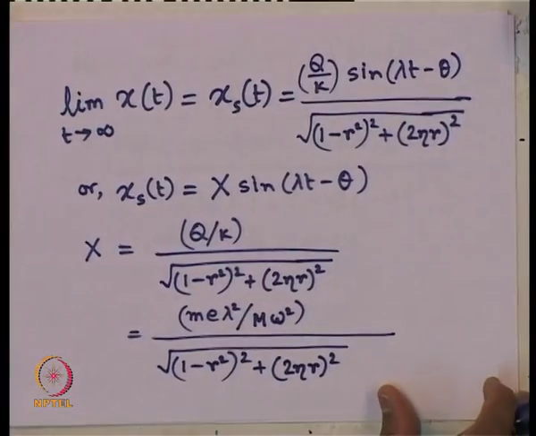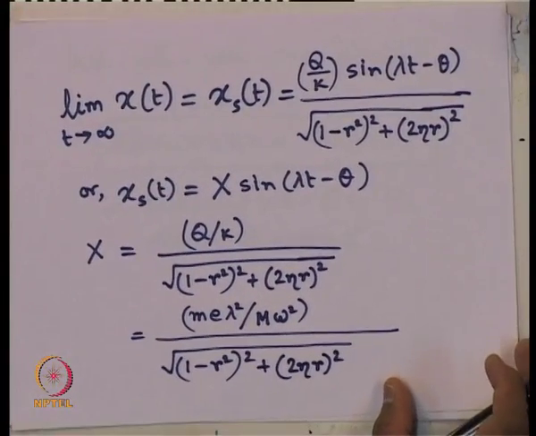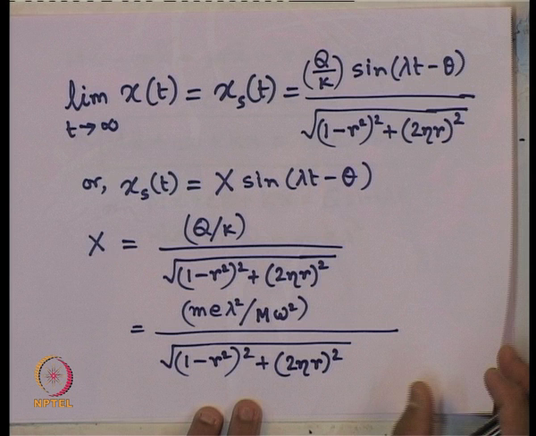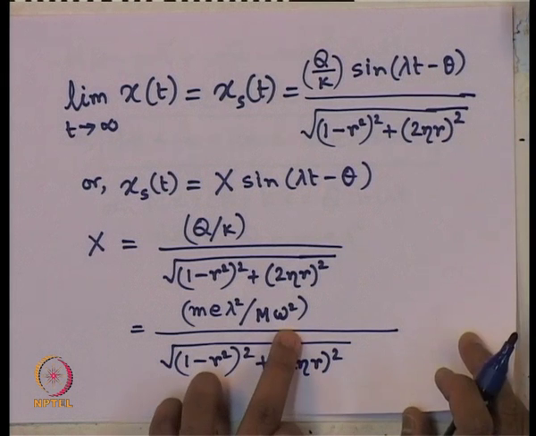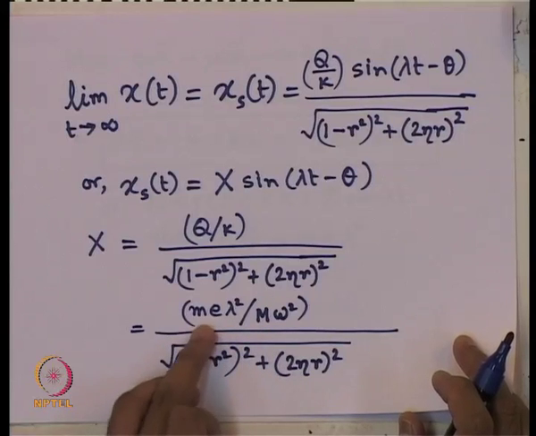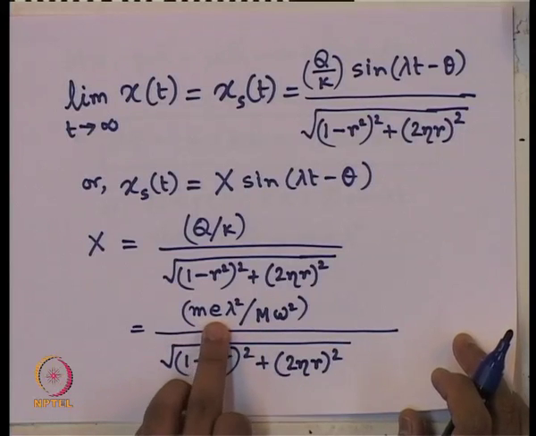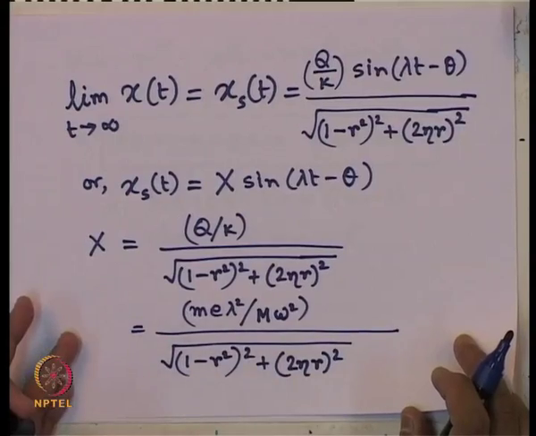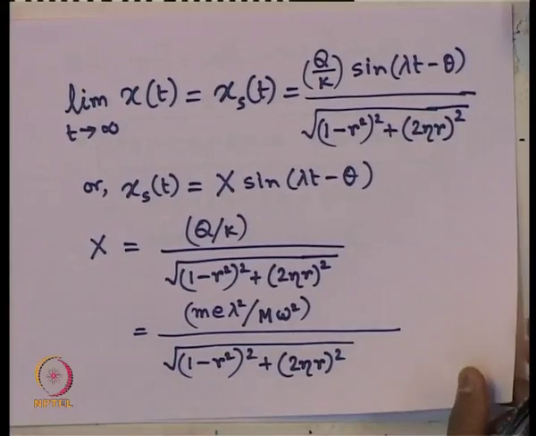So, if we want to simplify this further, what will we get? Look here, lambda square by omega square, so this is r square, and the rest of the terms, the small m e and capital M, we will take to the left hand side.